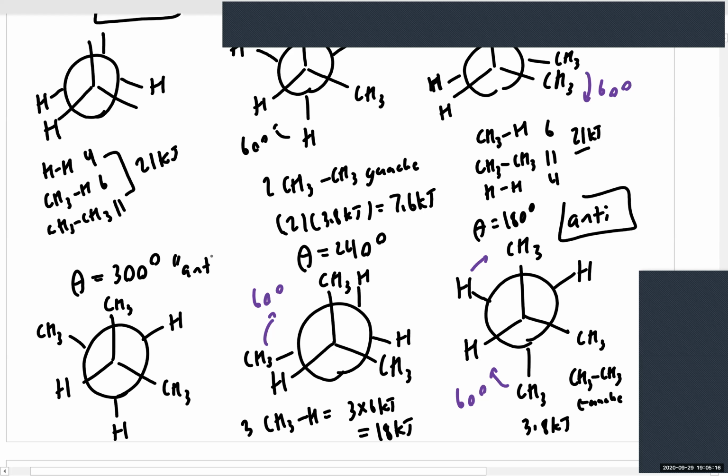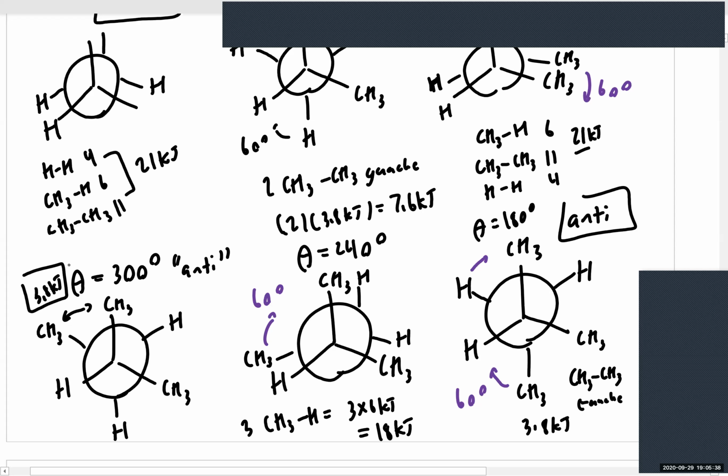This conformation also is anti-like because we have our bulkiest substituents separated by 180 degrees. And in this case, we only have a methyl-methyl gauche interaction, which costs us 3.8 kilojoules.